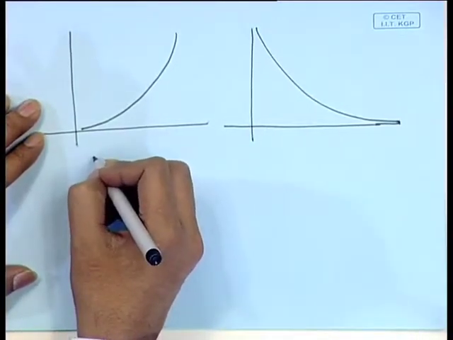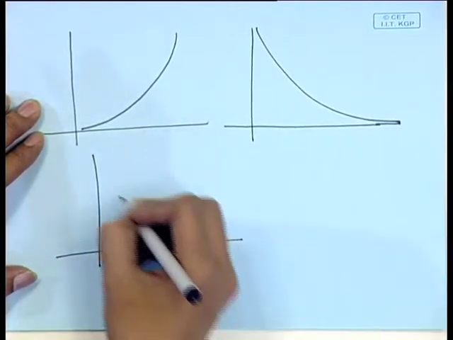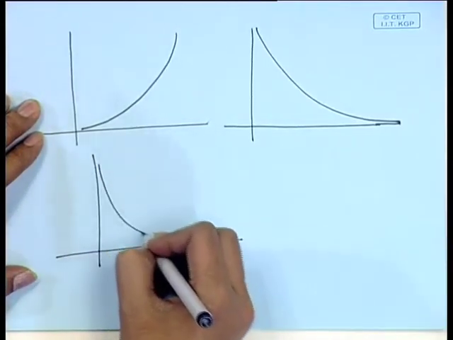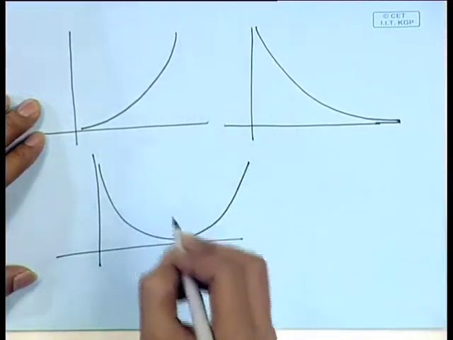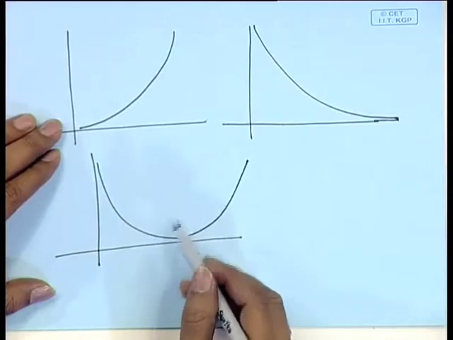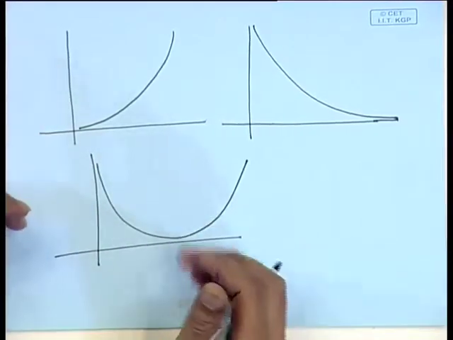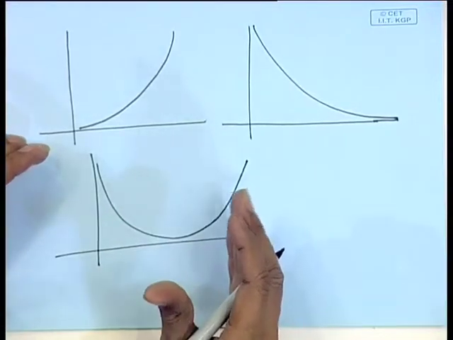Another unusual type of distribution is something like a U shape. A U shape curve is quite uncommon, because here it shows that in the middle the value becomes very low and at the ends the value becomes higher.